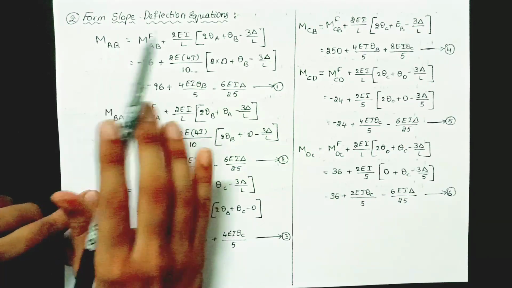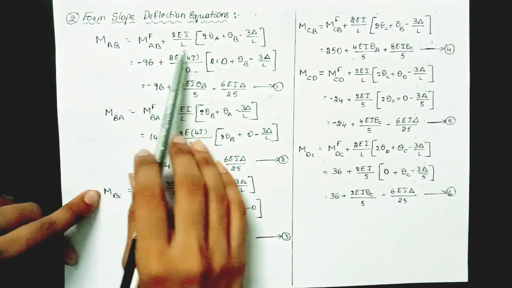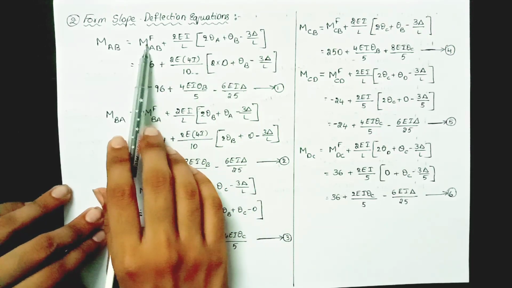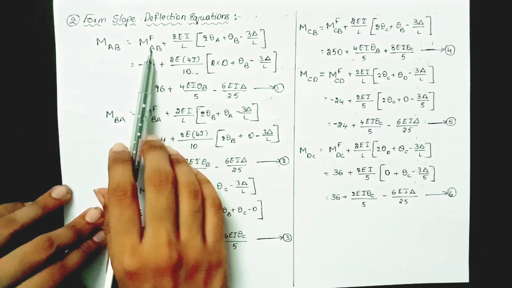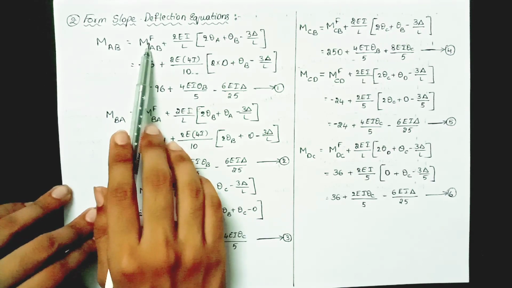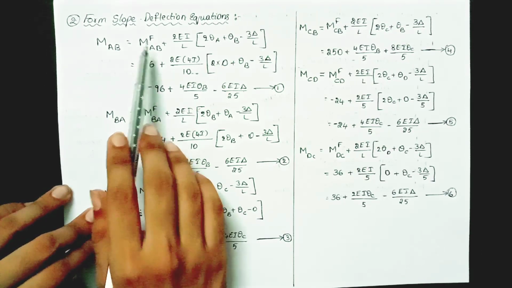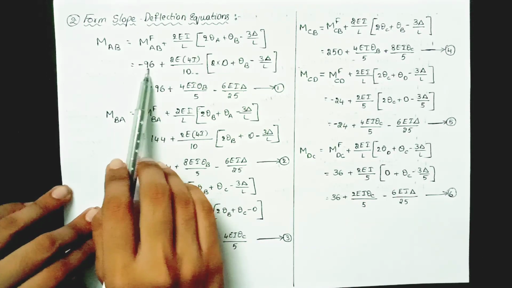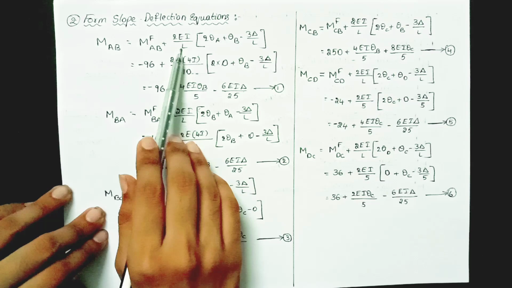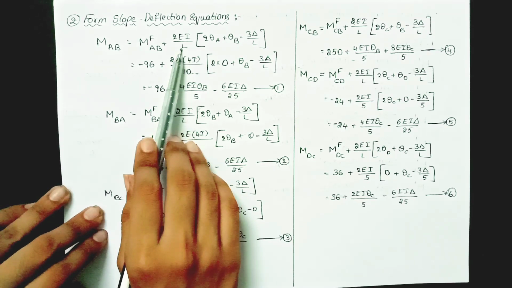So the basic thing is that first of all we have to write the slope deflection equation and substitute the fixed end moment of that particular member. The fixed end moments of the members are obtained from step 1. We have calculated fixed end moments in step 1. So place those values here, and 2E, the moment of inertia and the length of the member are obtained from the given frame.